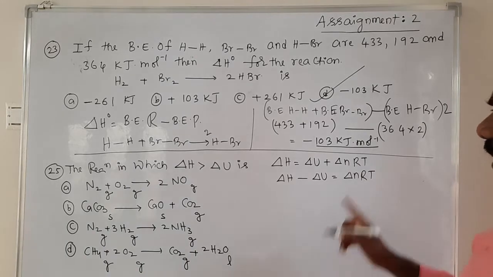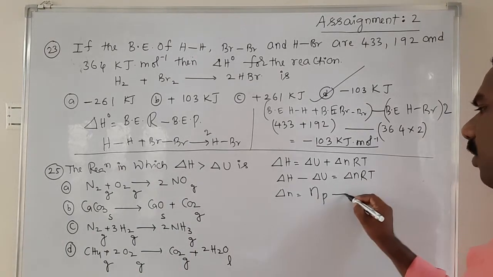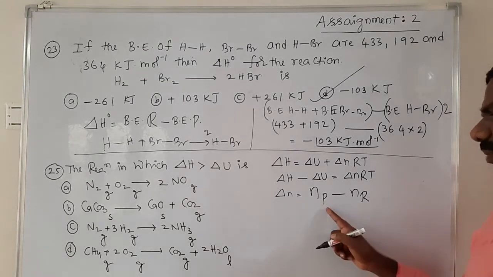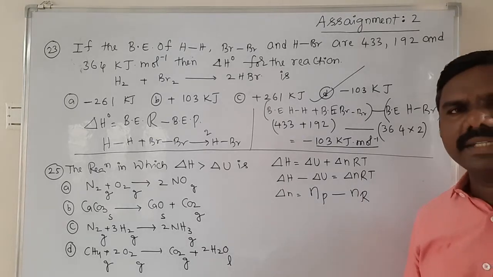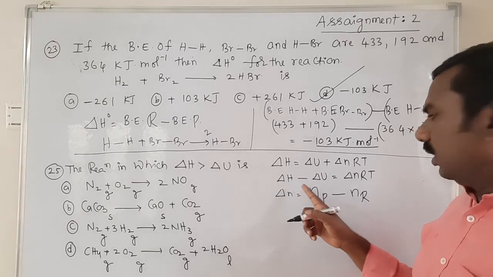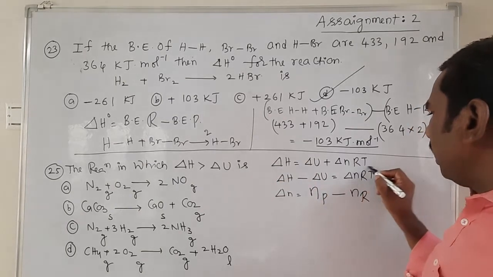Delta n is equal to, formula is number of moles of products minus number of moles of reactants. So you verify. It should be greater now. So delta H greater than delta U, if this value is positive.